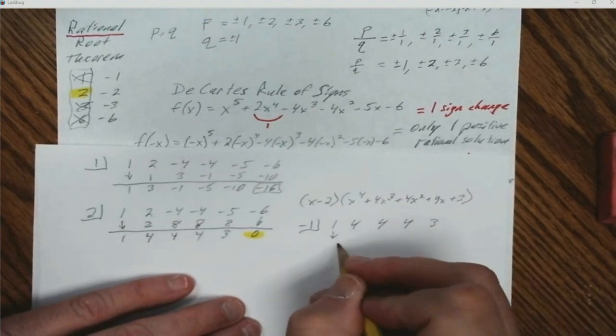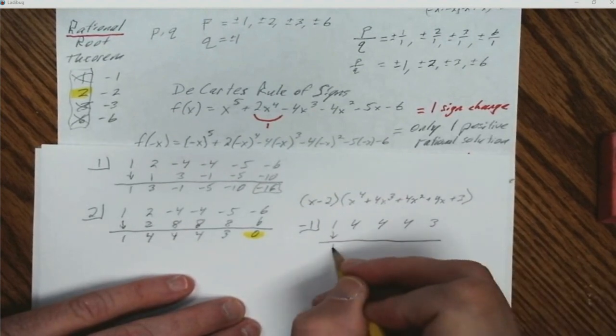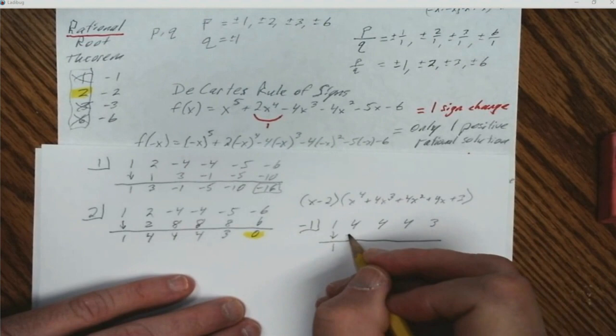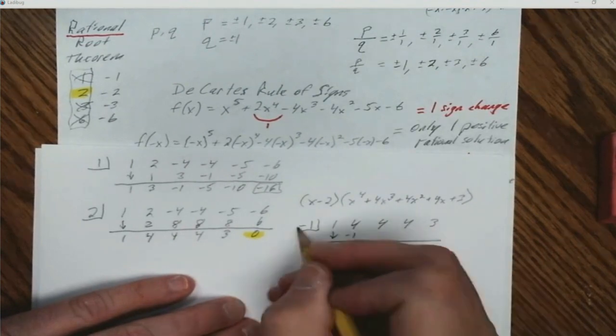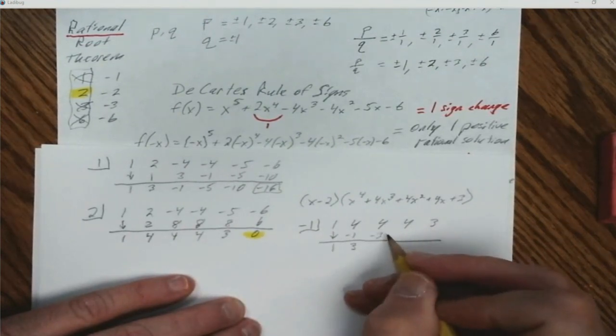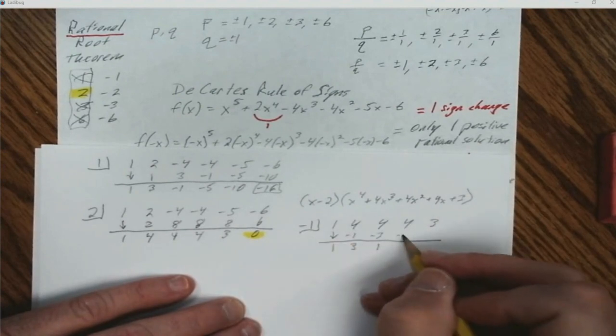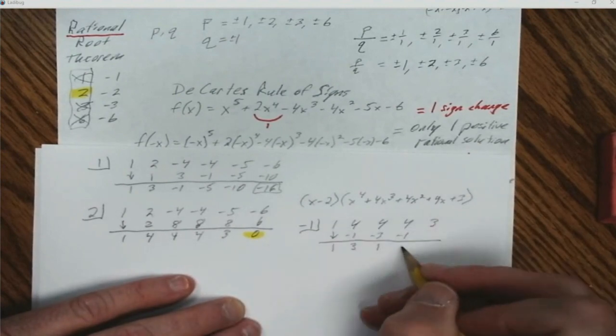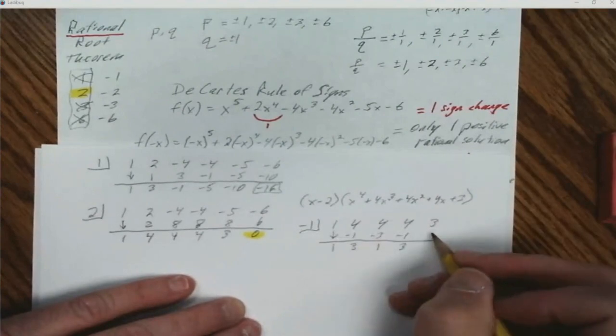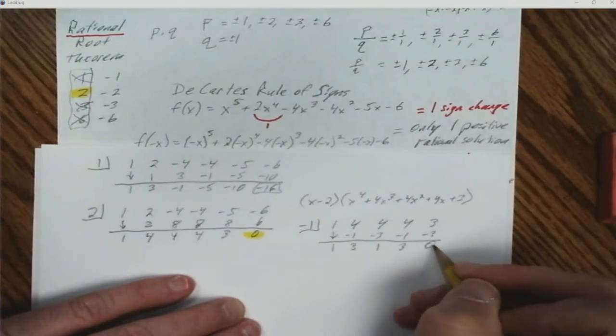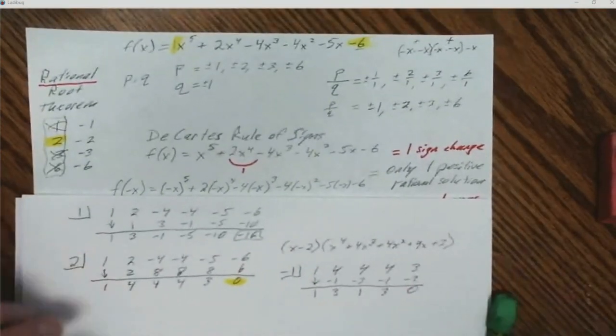So that comes down. 1 times -1, -1. That's 3. 1 times -3 is 3. That's a 1. 1 times -1 is 1. So that's 3. 1 times -3. That's another factor.